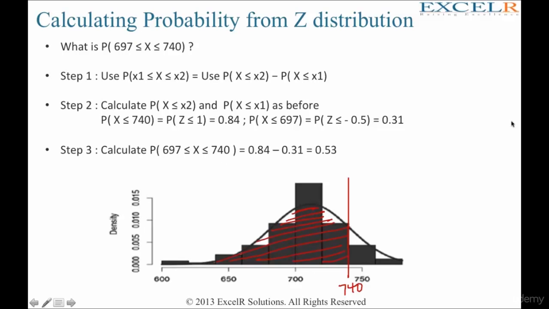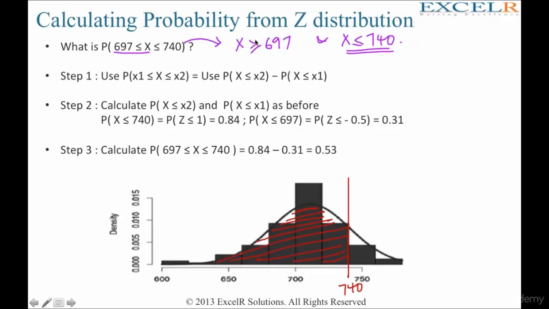Fine. Now, if you want to calculate the probability of the value being greater than 697, this can be written as x value greater than or equal to 697 and x value less than or equal to 740. Now less than or equal to 740, you have solved it. By default, you get the probability value towards the complete left of this.